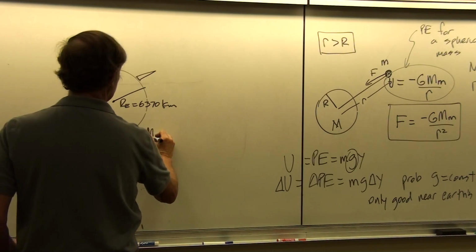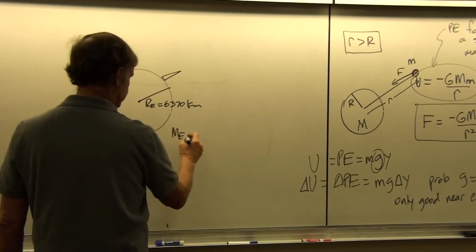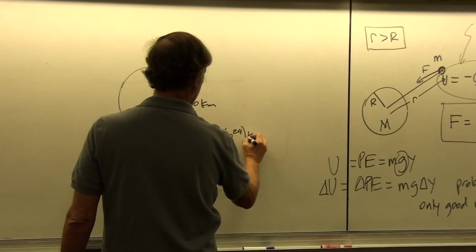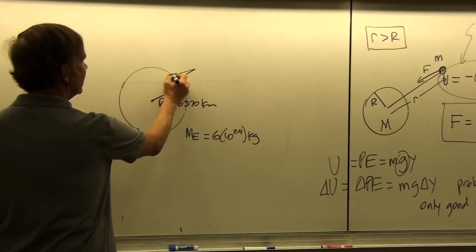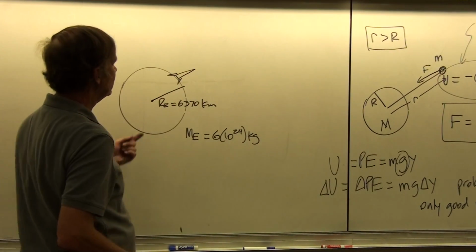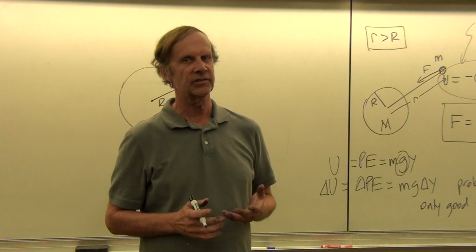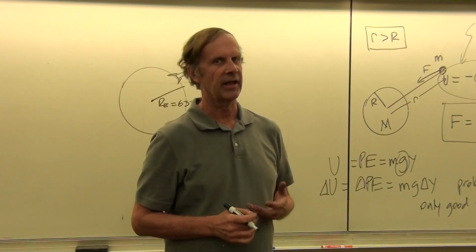The mass of the Earth is equal to 6 times 10 to the 24 kilograms. And let's say that we want to fire this rocket at such a speed as to achieve escape velocity.